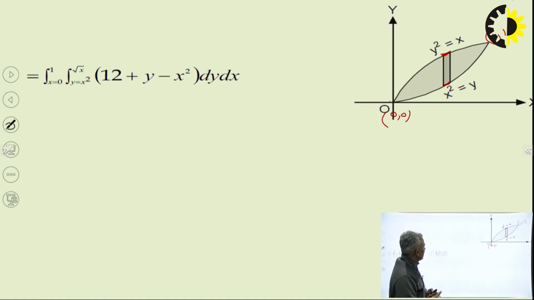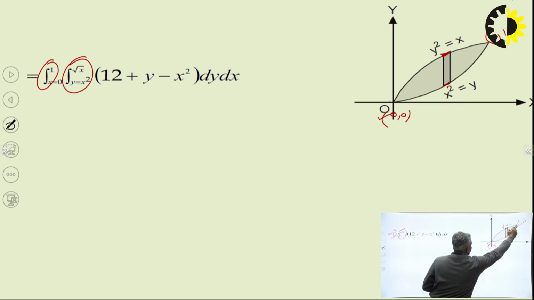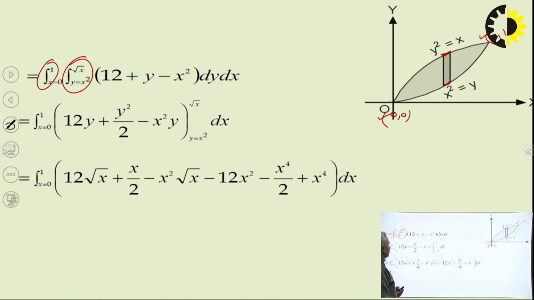In this way we calculate the limits of the given common area: y is equal to x square and y is equal to under root x. In the same way we calculate the limit of x with the help of the coordinates, x from 0 to 1, and solve the problem. First we calculate the integration with respect to y.